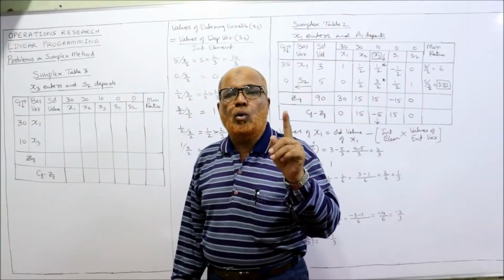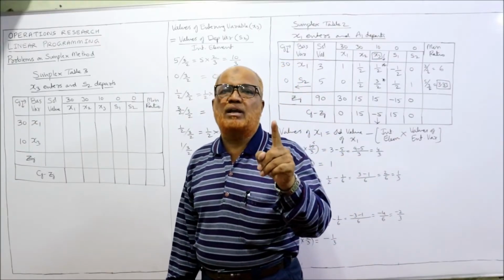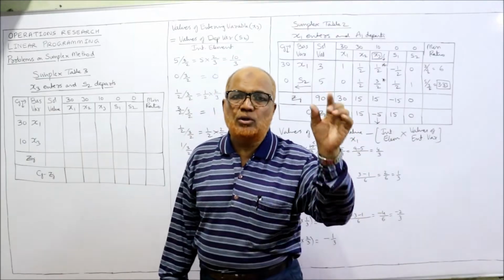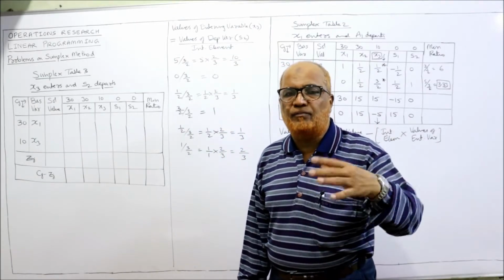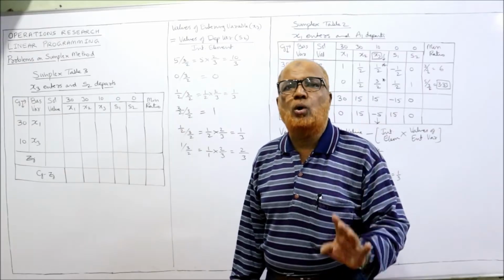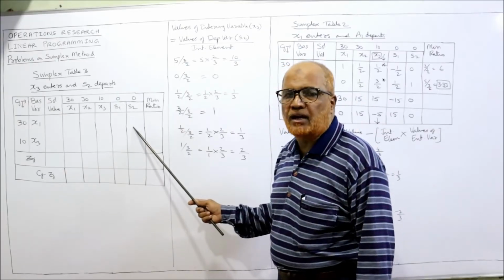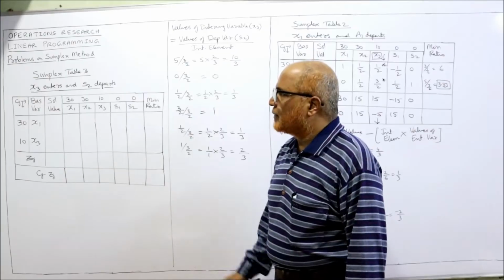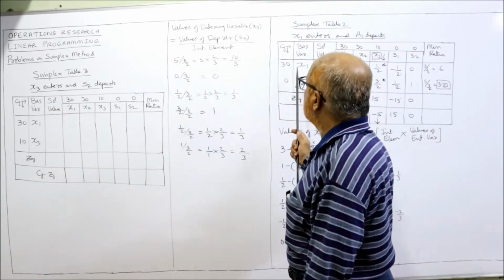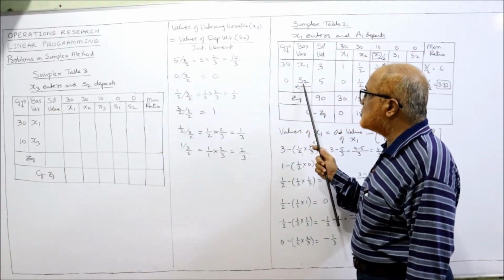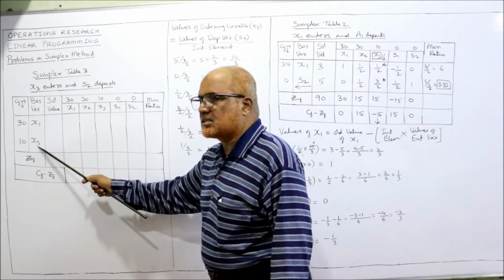Don't remove it. Only in the case of artificial variables, if it has departed, no column should be made. But for surplus and slack variables, even if departed, we should open the column of S1 and S2. Now X1 will remain as it is. In place of S2, we are writing X3.